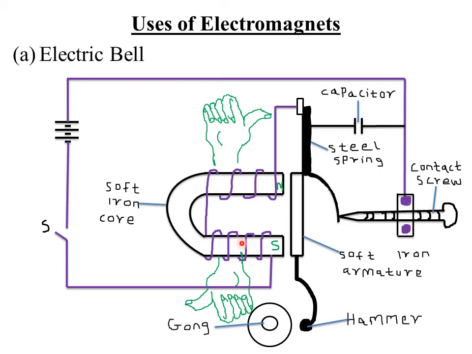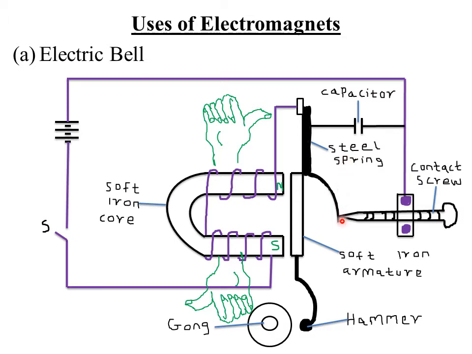So an electric bell consists of a U-shaped electromagnet whose winding on one arm is opposite to that on the other arm. Then a contact screw, this is what we are calling our contact screw, presses onto a soft iron strip. So this is our soft iron armature or the soft iron strip, which is also connected to the spring here.